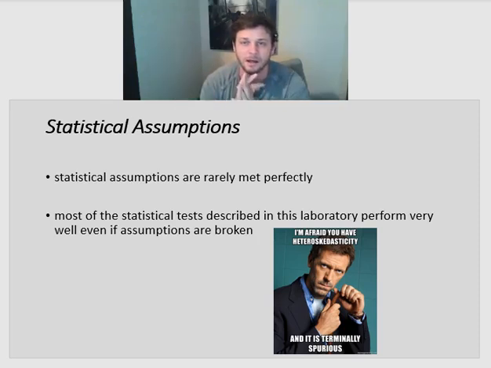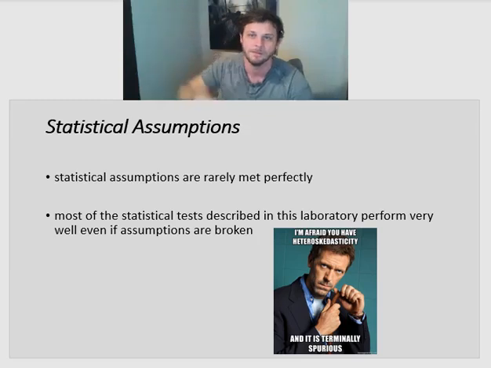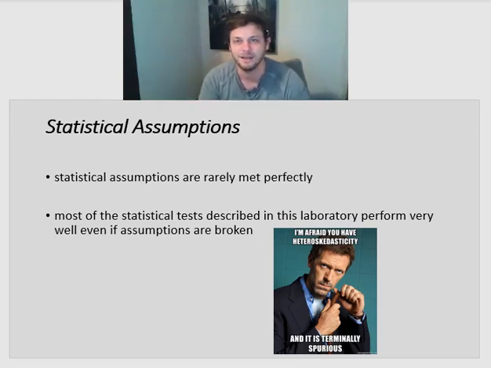Like all your tests say that you need to have a normal distribution, so a nice little normal curve, no heteroscedasticity, no collinearity, a whole bunch of terms you don't need to know in this course, because the tests that we're doing with the data that we're going to gather are really robust. They can handle not meeting all these assumptions and still give us reliable data.